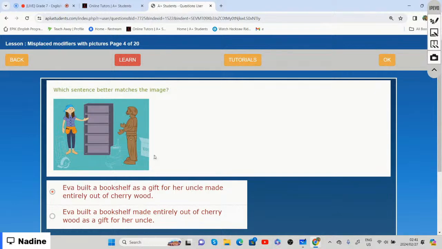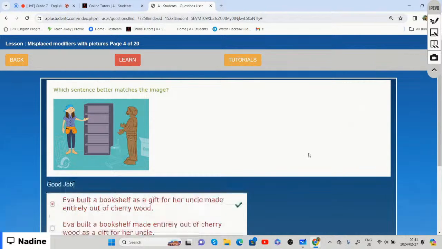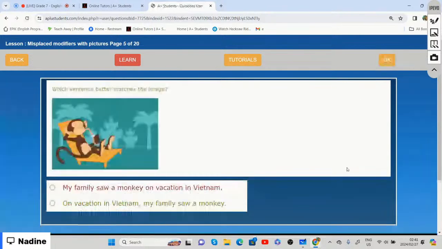And if you can see, here we have an image where the uncle looks like he is built or made out of cherry wood. So well done. A is correct, right?